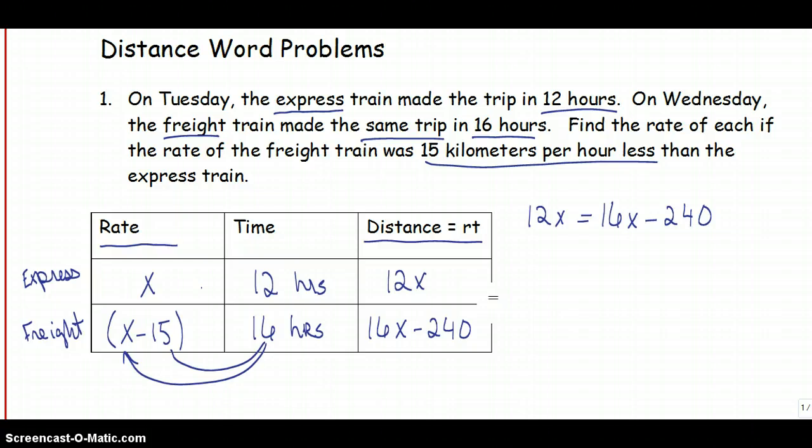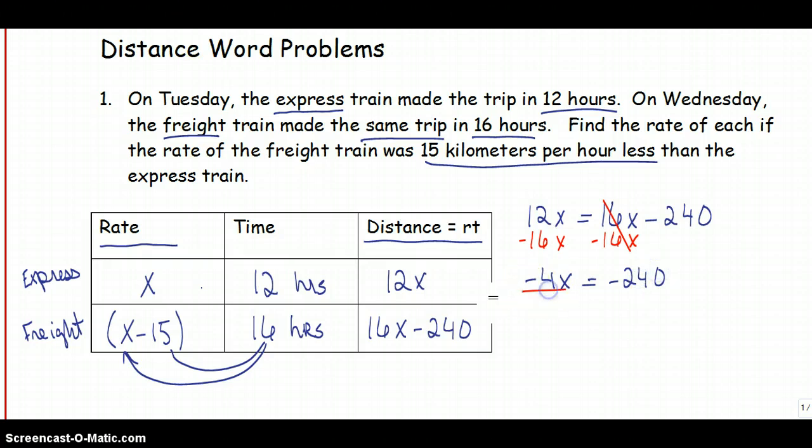I want to get my variable by itself. I'm going to subtract 16x from both sides. So now I have 12x minus 16x. That's going to give me negative 4x is equal to negative 240.